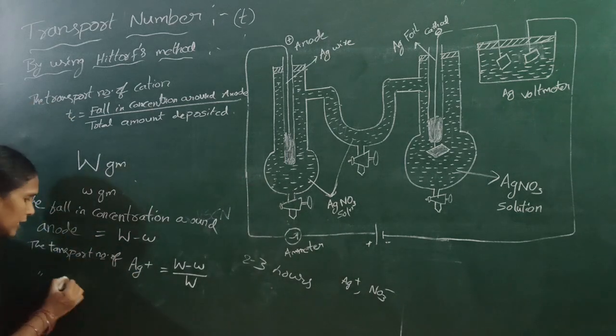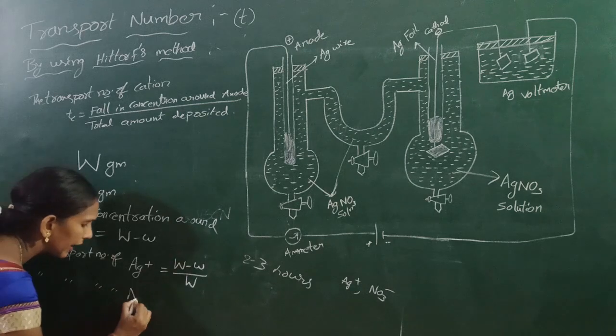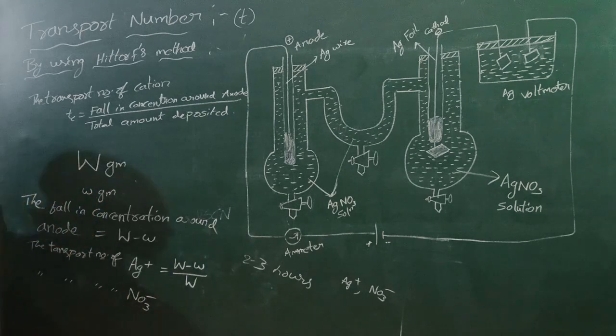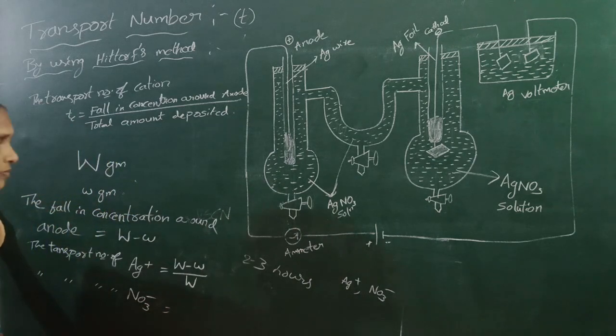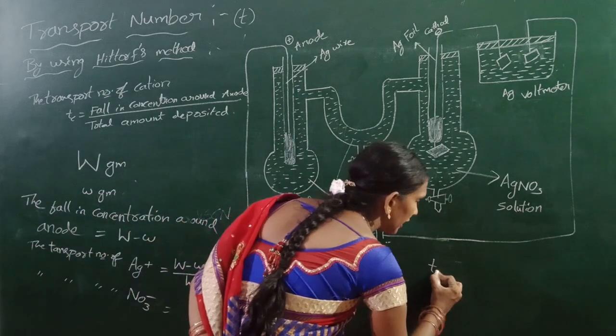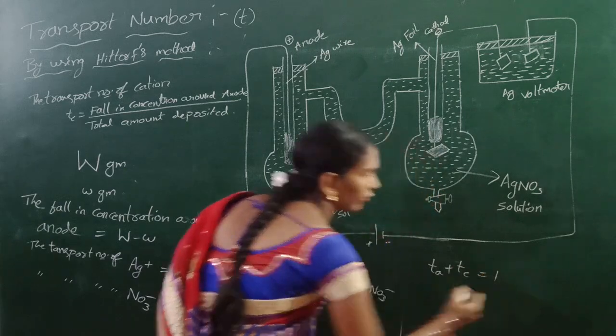Next, the transport number of NO3 minus present in the solution. We know TA plus TC is equal to 1.